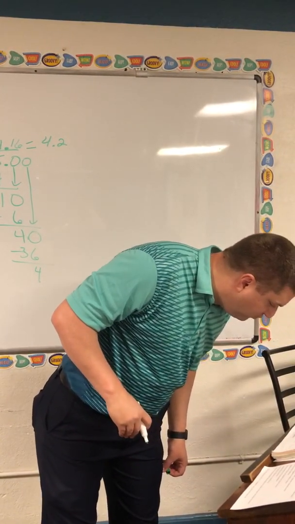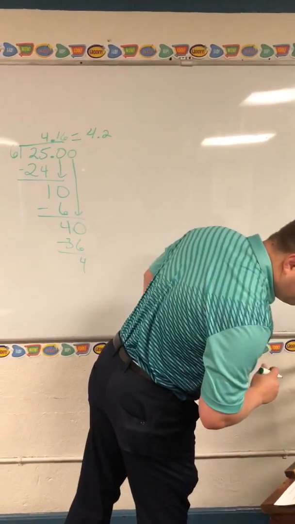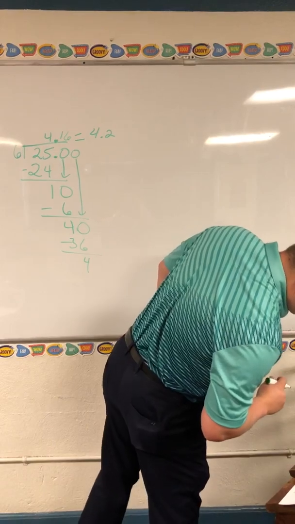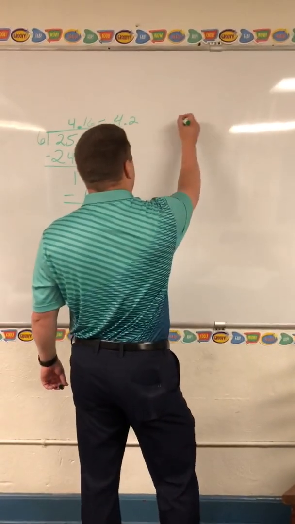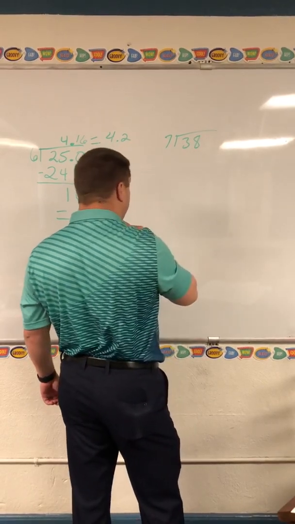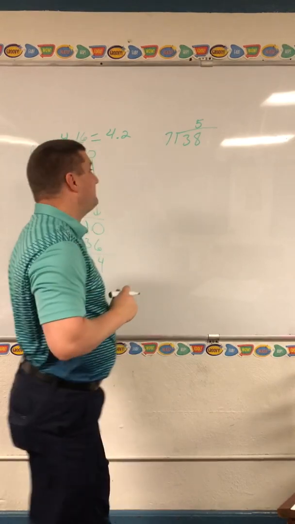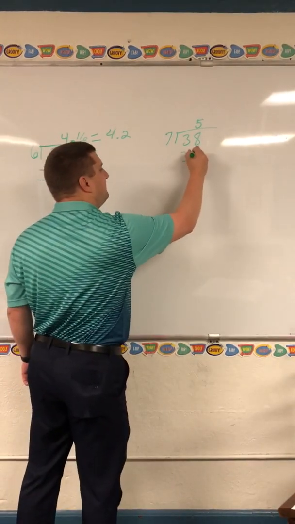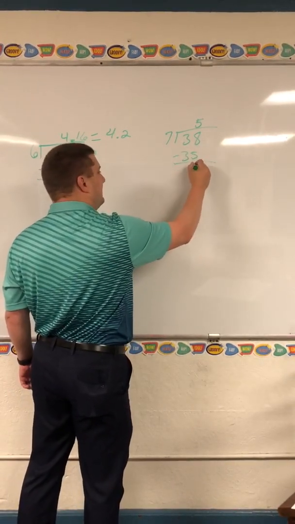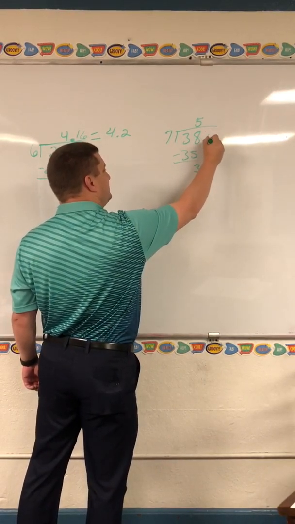And I'm going to do one more of these with you as well. This is going to be 4b. And it says round off to the nearest hundredth. So we have 7 into 38. 7 into 38 goes 5 times. 5 times 7 is 35. 8 minus 5 is 3. Go ahead and add your decimal. Go ahead and do a 0.